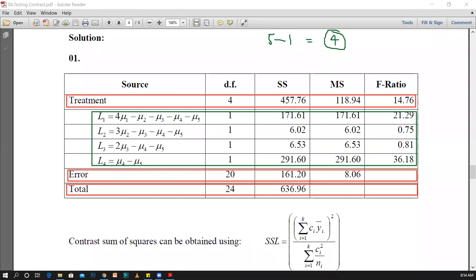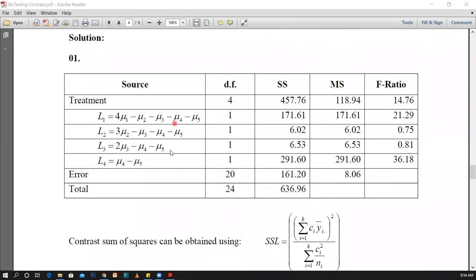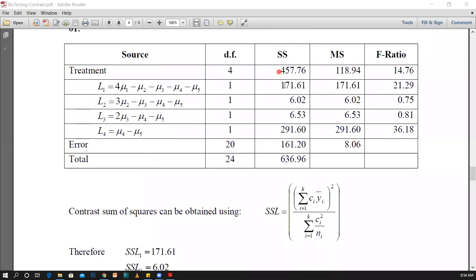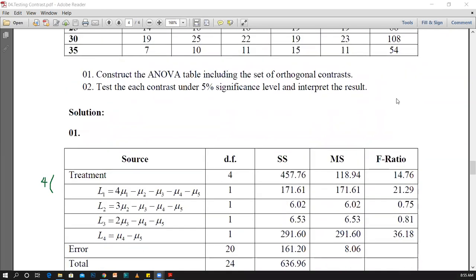Therefore, I will discuss the first contrast, calculating the SS value for the first contrast. This SSL1 is for the first contrast. The first C1 value is 4, then Y bar total we have obtained is 49.